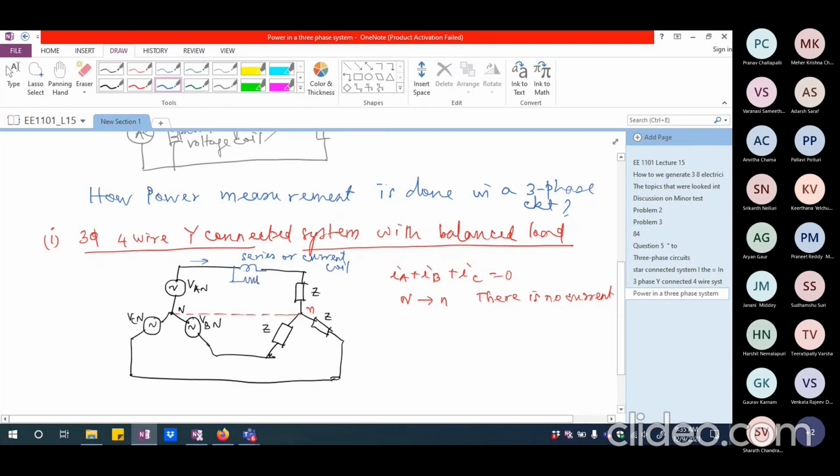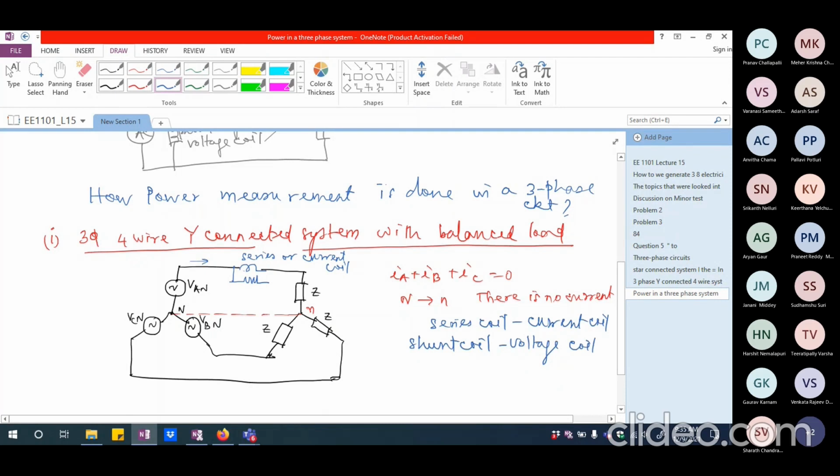Whereas when I talk about shunt coil or potential coil or voltage coil, if I may call that a shunt coil. So series coil is the current coil, and shunt coil, you can call that as either voltage coil, which is very similar to a voltmeter, which will have extremely large resistance.